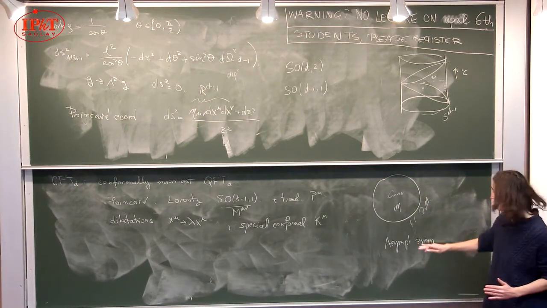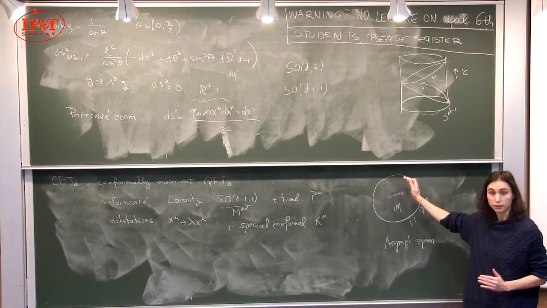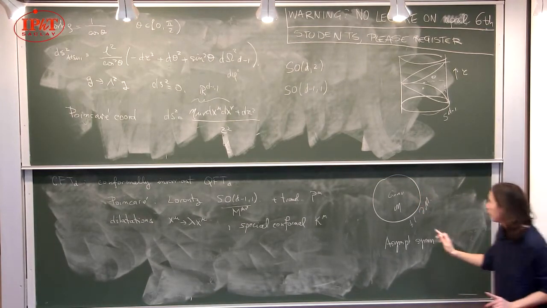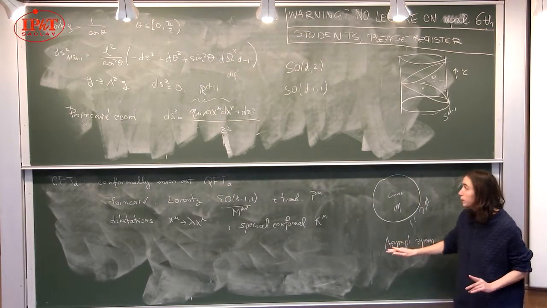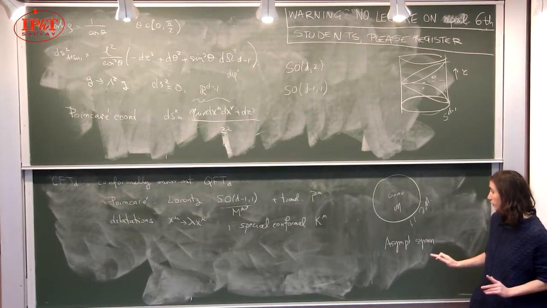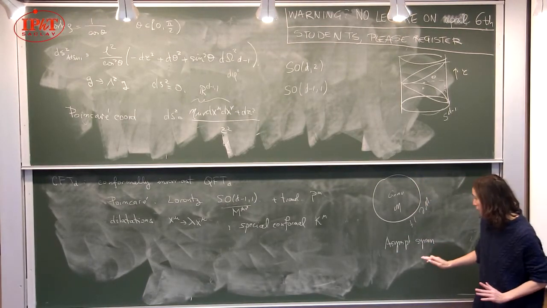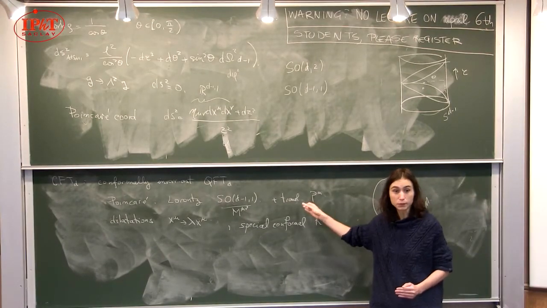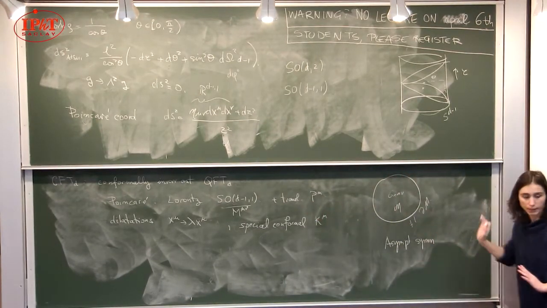That's because the asymptotic symmetries don't depend on the theory, but on the structure. Just to emphasize the point, this is precisely what we're going to see in the case of AdS3, where the asymptotic symmetry group is infinite dimensional and is not the isometry group of the vacuum spacetime.